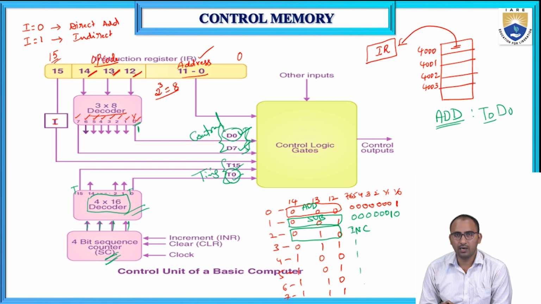All those timing and control signals we are applying to the control logic gates of the control unit. These control logic gates will inform the CPU and memory in order to perform this addition operation, because here we have given the timing and control signals.